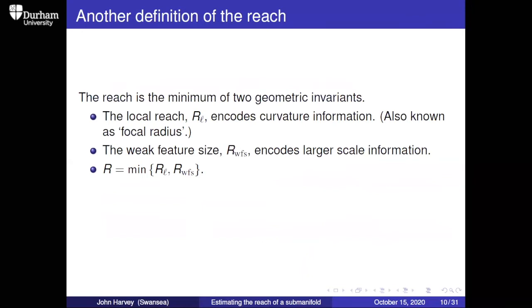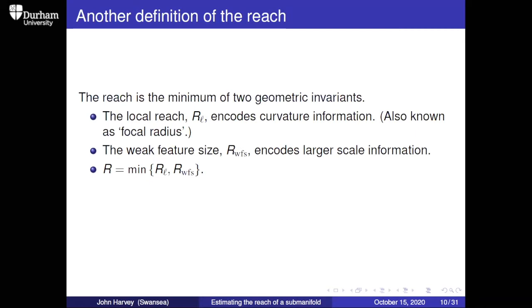Okay, so let me define the reach again in a different way. I'm going to consider it to be the minimum of two different invariants. One I'm going to call the local reach, which encodes the curvature information, and that's the focal radius, and the other is going to be the weak feature size, which encodes the global information. And we saw there were two different ways that the fringe of vectors, right, that the tubular neighborhood could kind of cross itself.